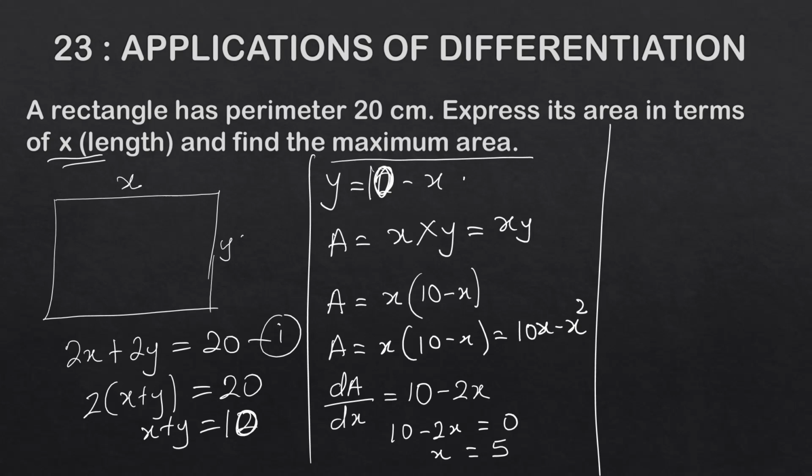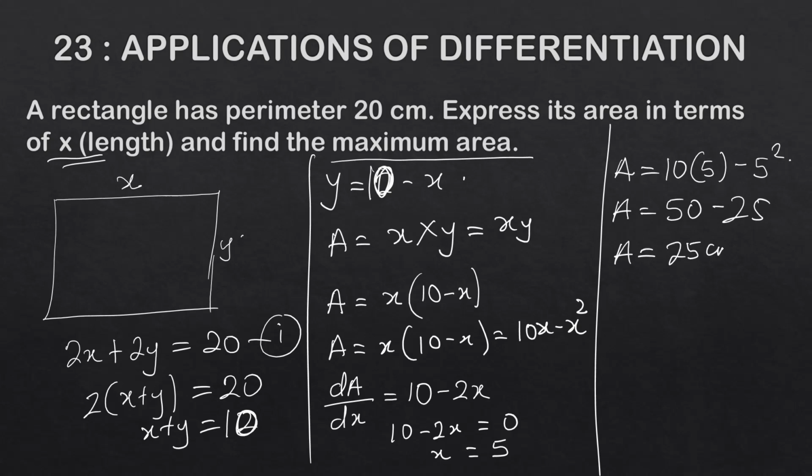So area is going to be equal to 10 bracket 5 minus 5 squared. So area is going to be equal to 50 minus 25. So the maximum area is 25 cm squared.